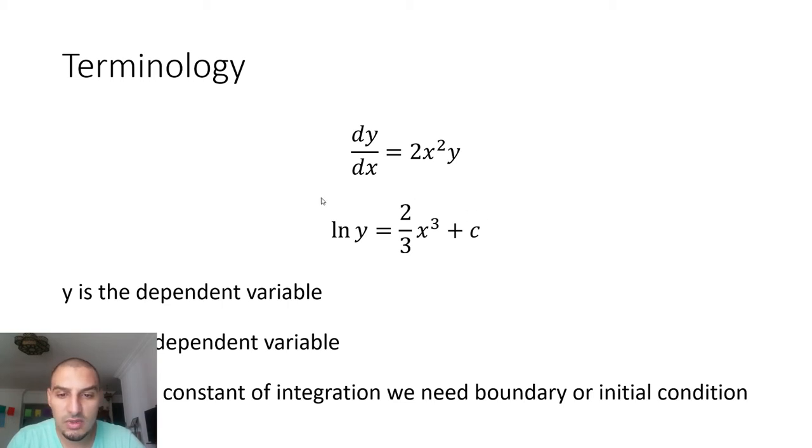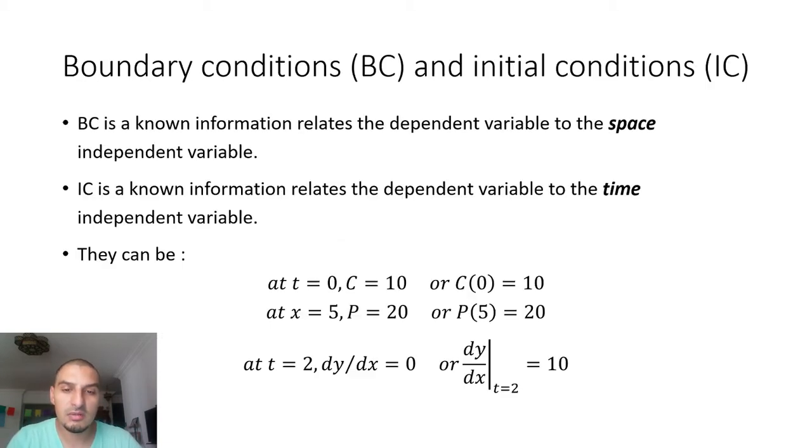And you will end up with an equation that has a constant, and to be able to get the constant you need some information, and this information can be what we call a boundary condition or an initial condition. Both are kind of similar, and they both relate the dependent variable to the independent variable with some known information.